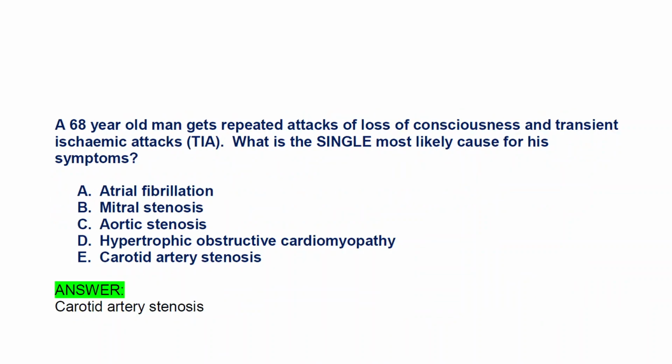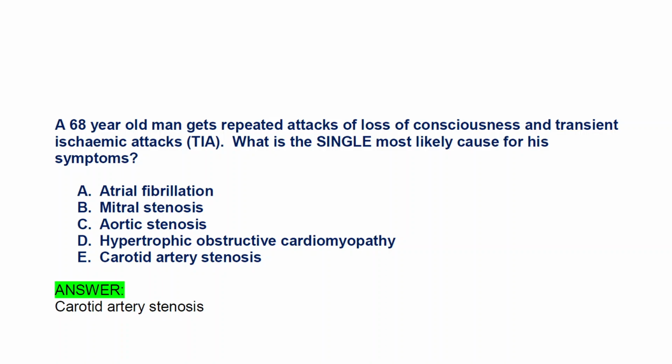Now this question, a 68-year-old man who has repeated attacks of loss of consciousness and transient ischemic attacks. Now the diagnosis here is what? Carotid artery stenosis. I brought this up. Let's say this question is a little bit different.